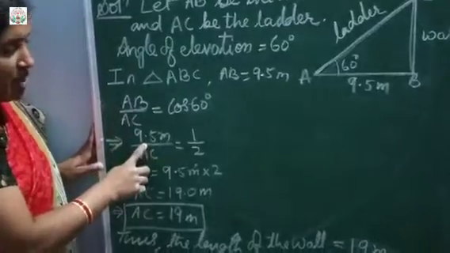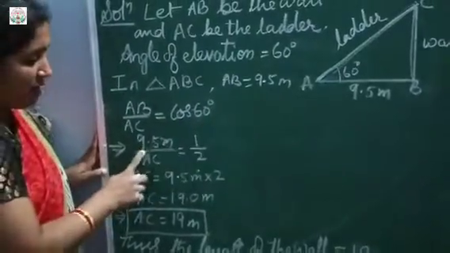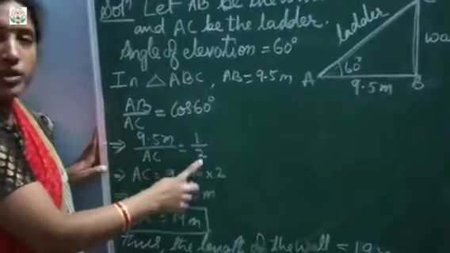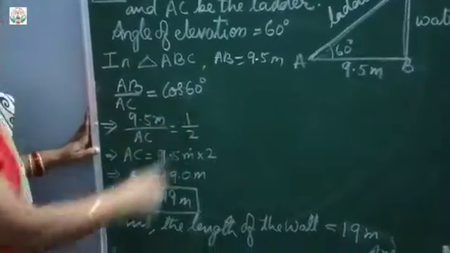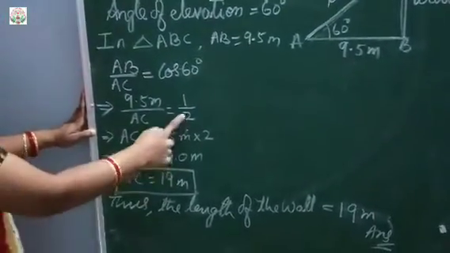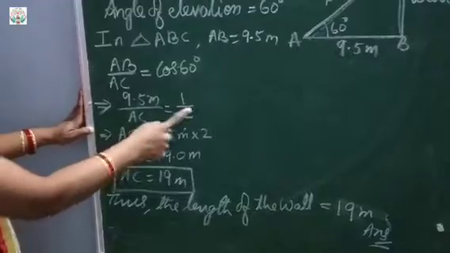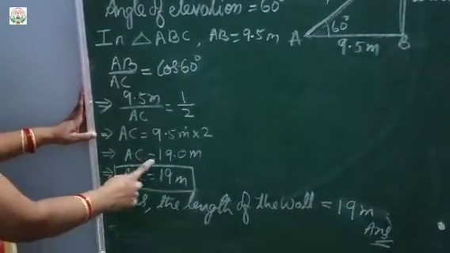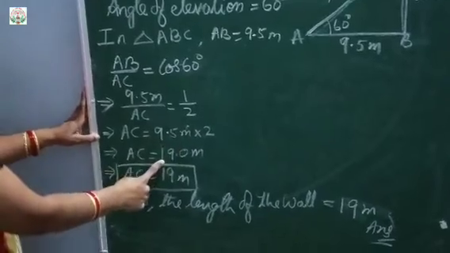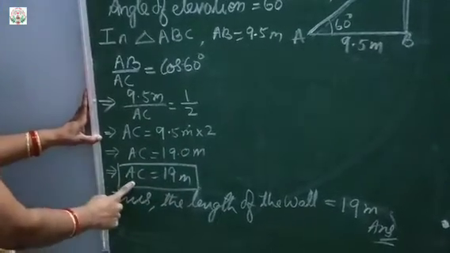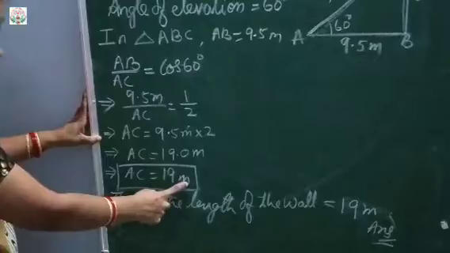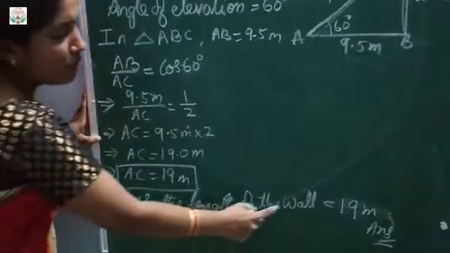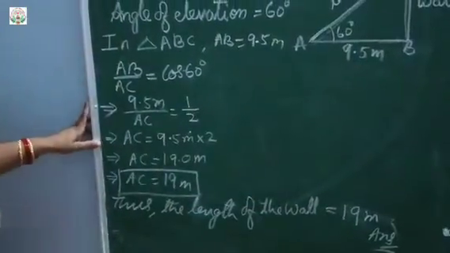Implies 9.5 upon AC equals 1 upon 2, because cos 60 degree is 1 upon 2. Now cross multiply, AC will be equal to 9.5 meter into 2. On multiplication how much you will get? 19 meter. Implies AC equals 19 meter. Thus the length of the ladder is 19 meter.